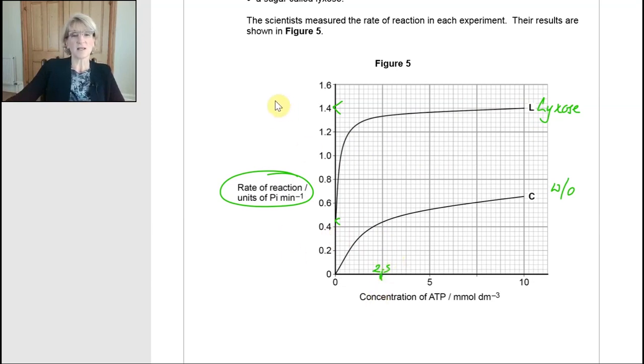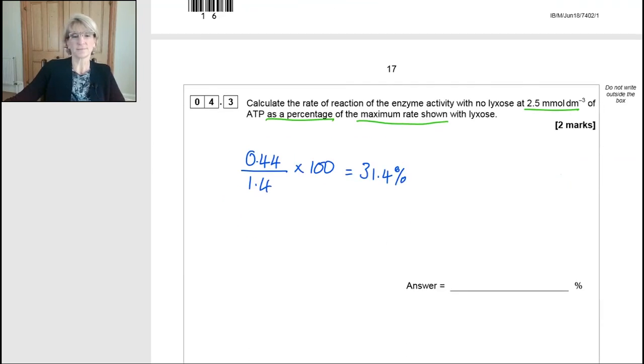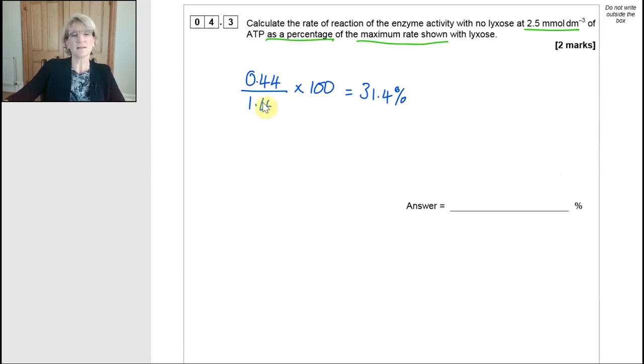So I think that it is 1.4 and 0.44, and that's because each tiny square, there are 5 squares, and in effect there's 0.2 of a unit, so each tiny square is 0.04 units. So hence, as a percentage, percentages are just posh fractions.